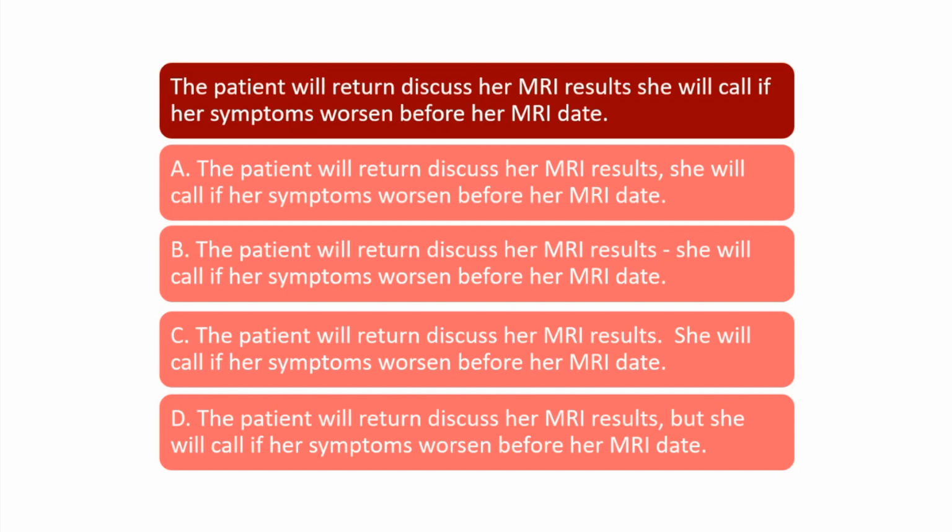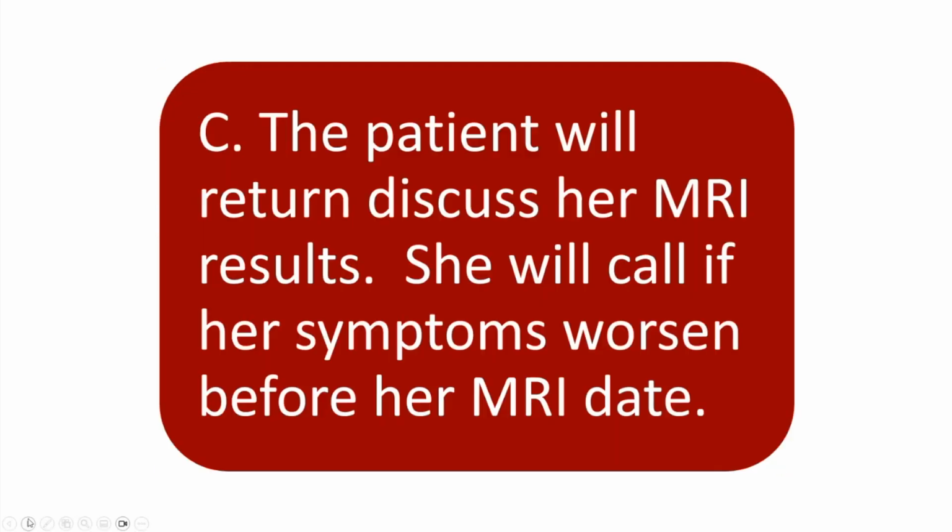We have some answers coming in. Good job. Let's reveal the answers here. The patient will return to discuss her MRI results, period. She will call if her symptoms worsen before her MRI date. So two complete sentences, and we need to have a period in between them.